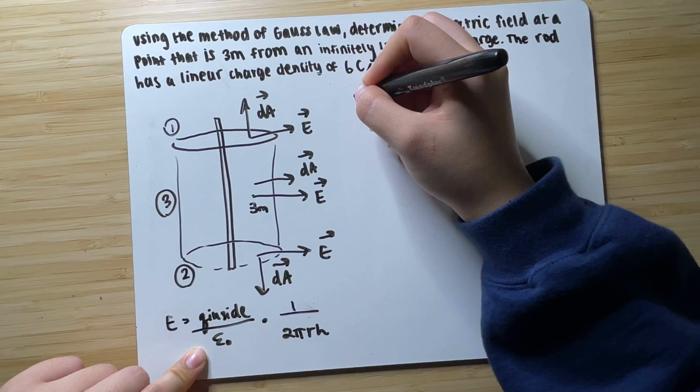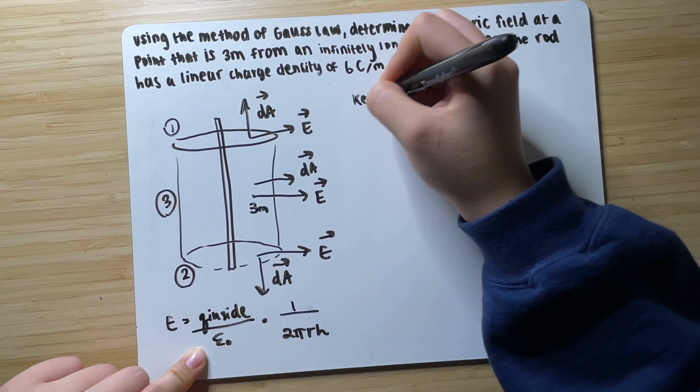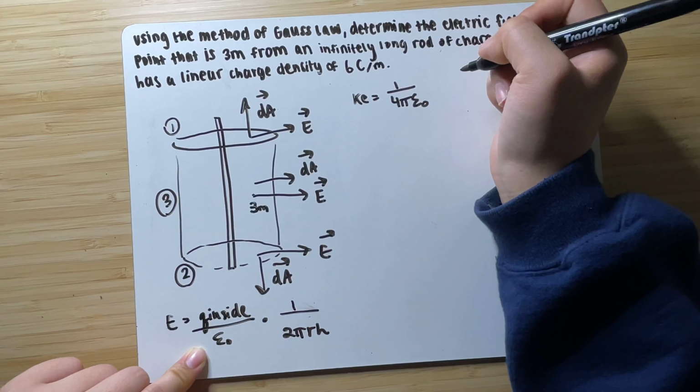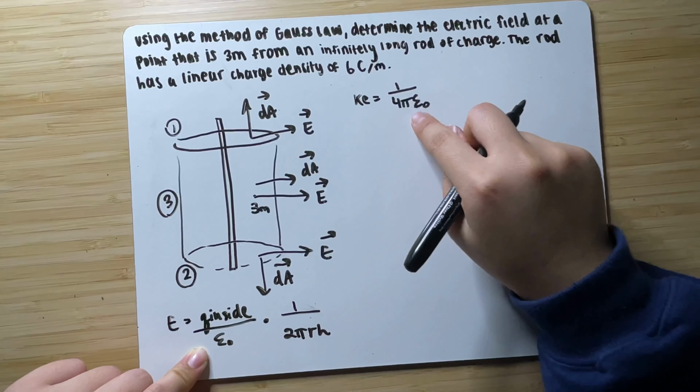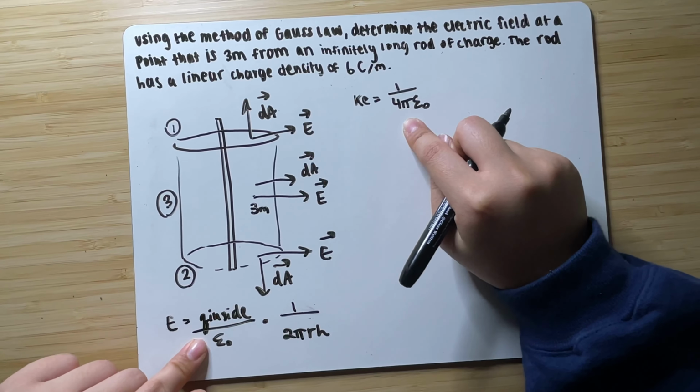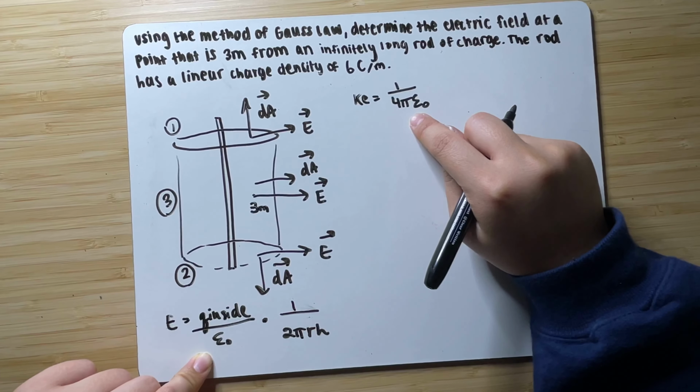Before that, recall that KE is equal to 1 over 4 pi epsilon naught, okay? So we want to integrate this KE into this equation somehow. But here's the thing. Here we have 2 pi and we have epsilon naught. But here we have 4 pi epsilon naught. So we need to turn this 4 pi into 2 pi.